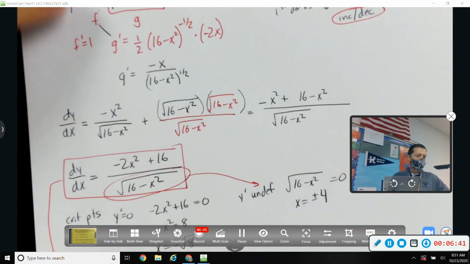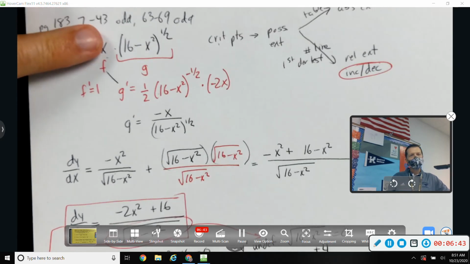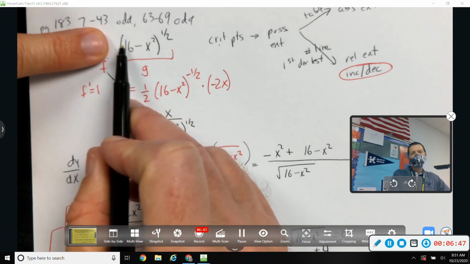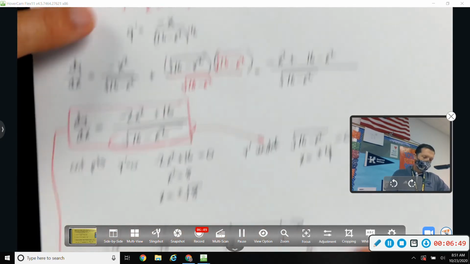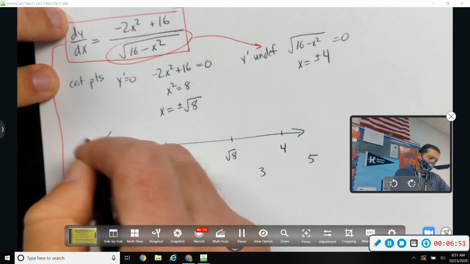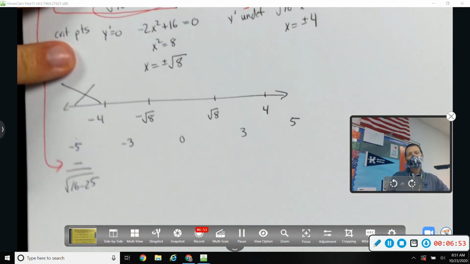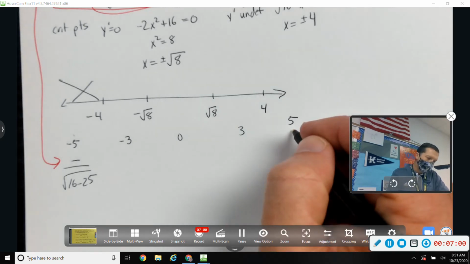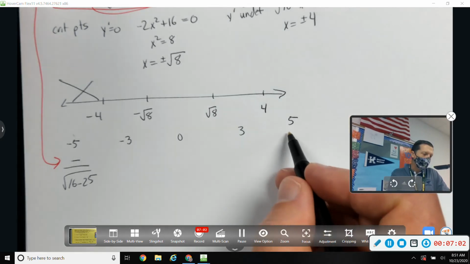And actually, it happens all the way back here in the function. If I tried to plug in negative 5 there, I'd be taking the square root of a negative number. So it's not increasing or decreasing. In fact, it doesn't even exist over there. And if we're okay going out of order, I'm suspicious now of the 5 on the other end.